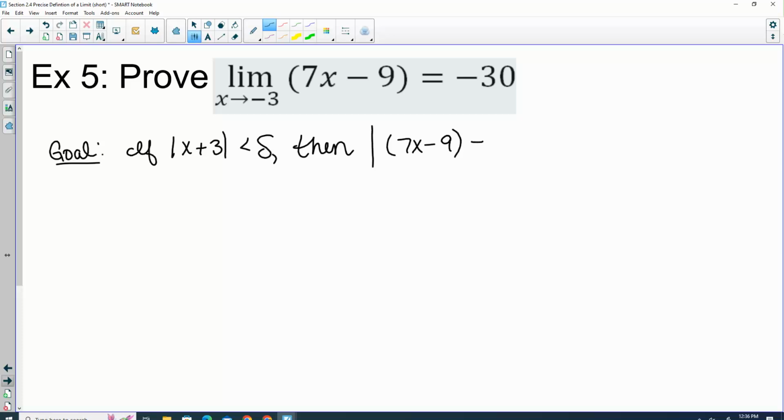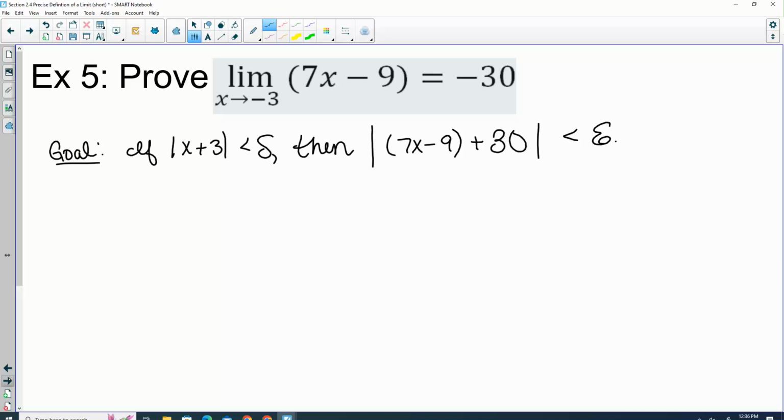Minus negative, so plus 3. Is less than that other thing. Because it's x minus a, so minus -3 became positive.